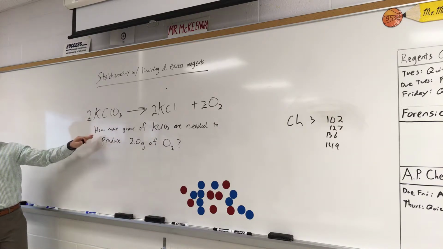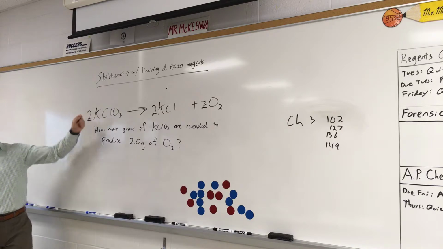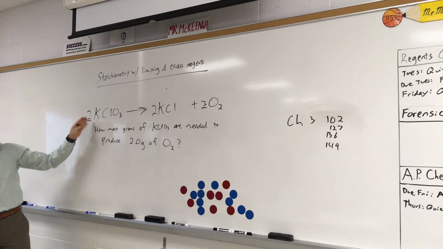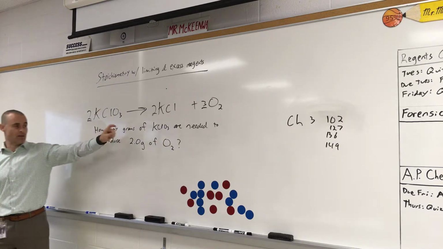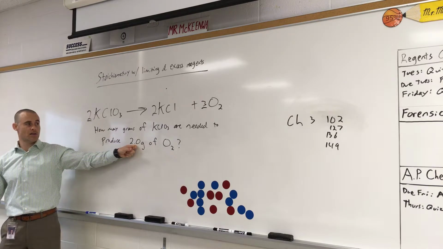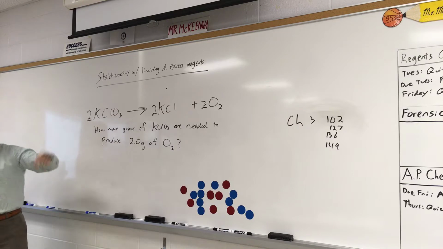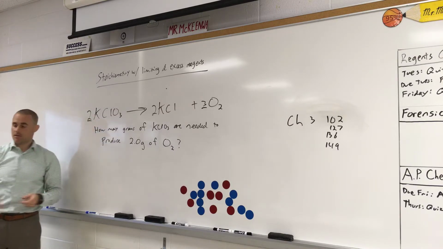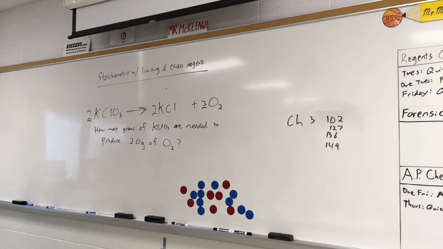The question wants to know how many grams to make 2 grams. So the ratio is 2 to 3, but you've got to get the units all the same, right? You've got to convert this to moles, then use your ratio, and then convert back to grams. I'll give you a couple minutes here while I pick this up.